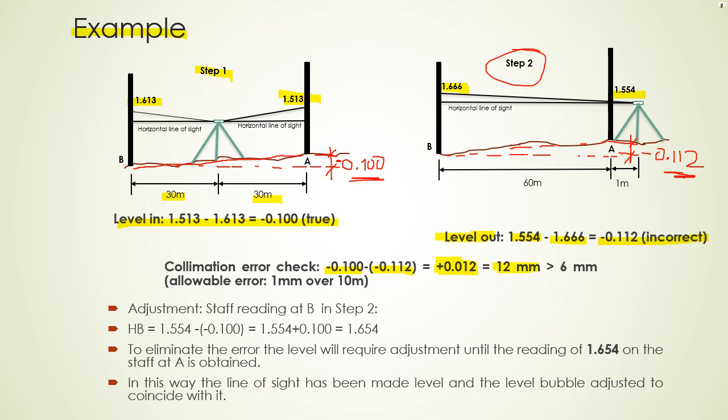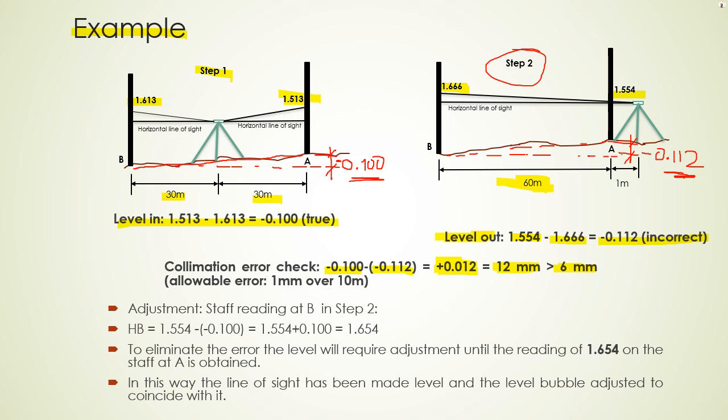So we know that the allowable error is 1 mil per 10 meters or 6 mil per 60 meters in this case. So the error is too high, larger than the limit, so you have to adjust the level, and you can't use that for your next job.